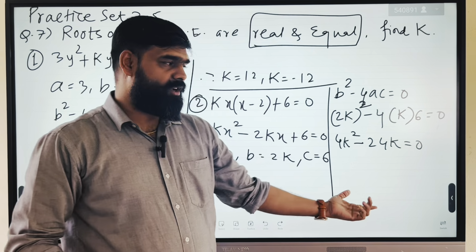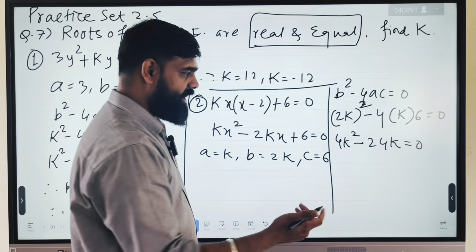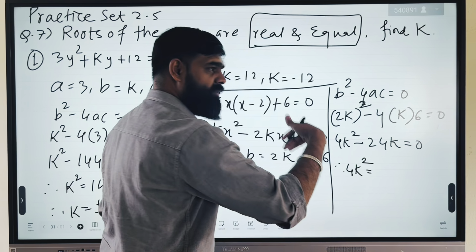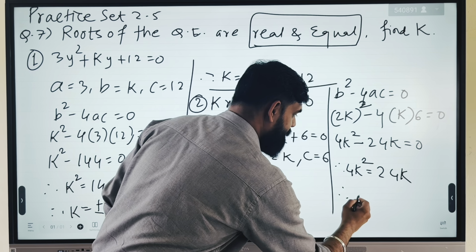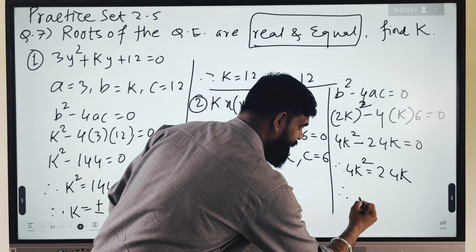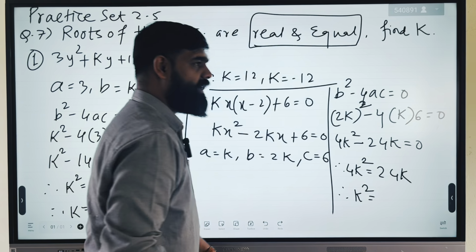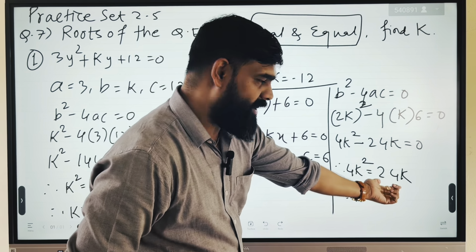So minus 24k is equal to 0. Let us take this minus 24k to the right hand side, and that will become 4k square is equal to positive 24k.